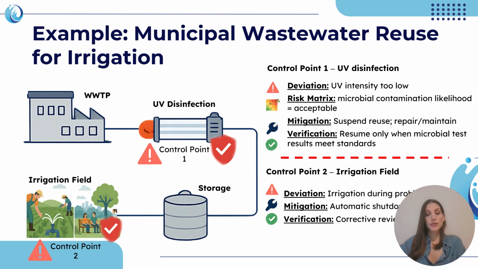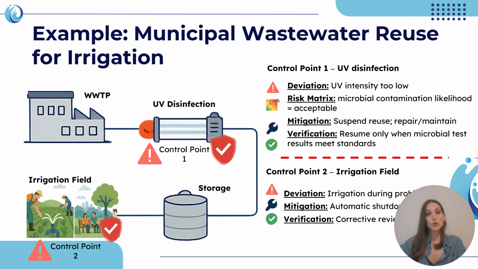Let's put all these ideas into practice with an example: a municipal wastewater reuse system for irrigation. The first control point could be at the UV disinfection unit. Operational monitoring uses sensors to measure UV lamp intensity, while verification relies on laboratory testing for some specific pathogens.